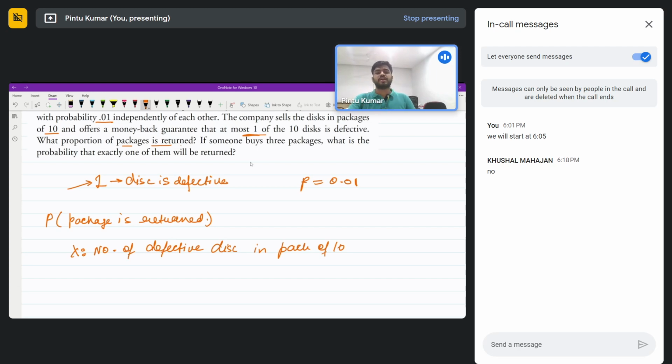It does not make sense that if at most one of them is defective, then you should get the money back. So if one or more than one is defective, then you should get the money back.